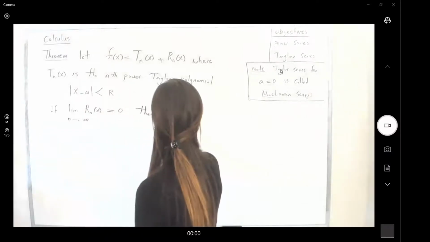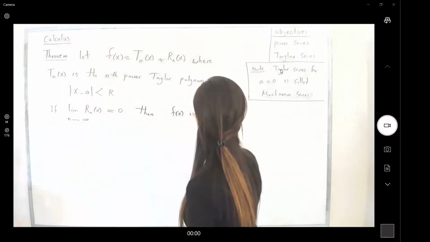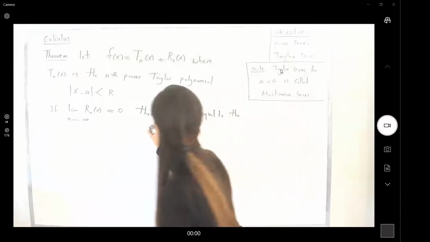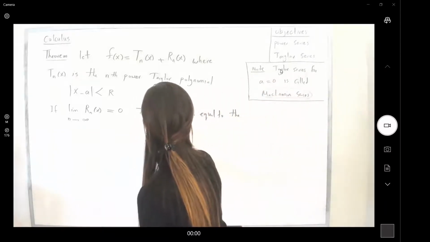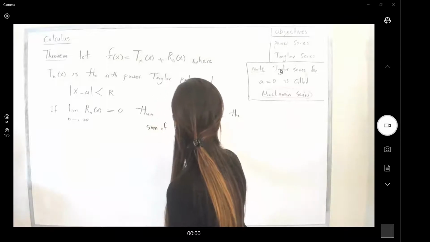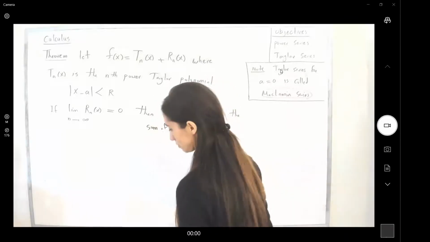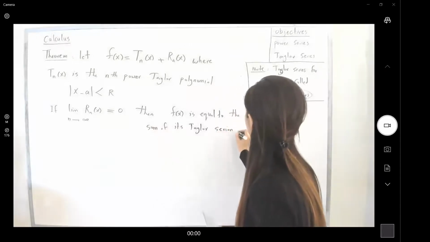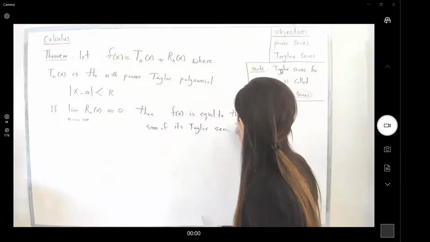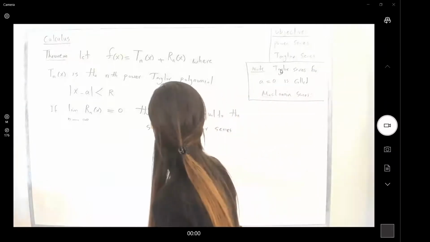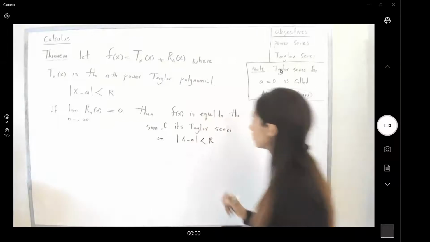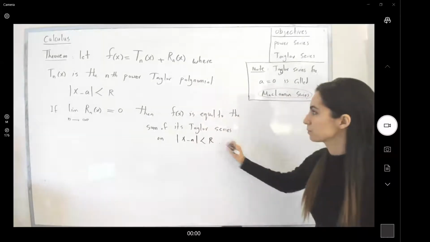f of x is equal to the sum of its Taylor series on the interval of convergence.